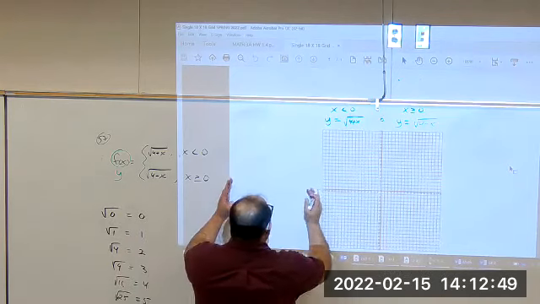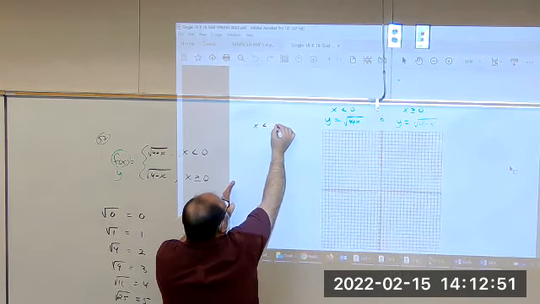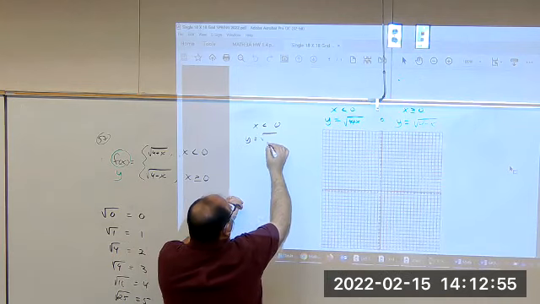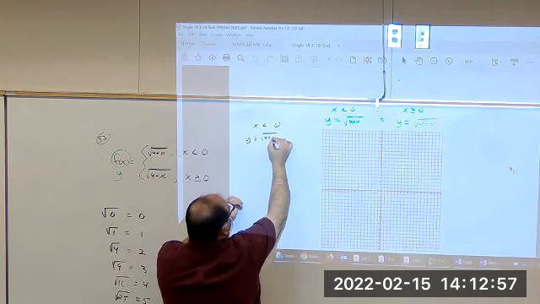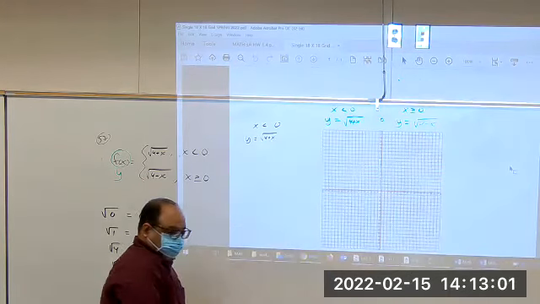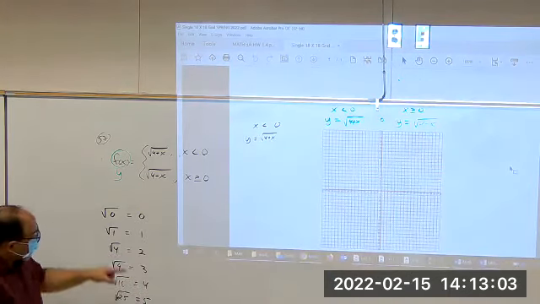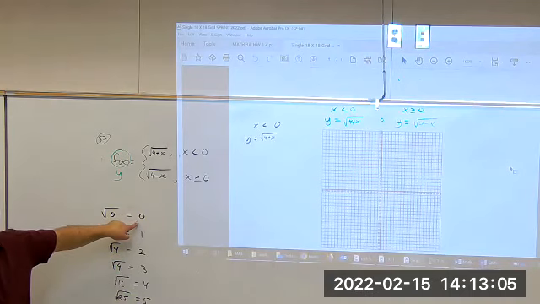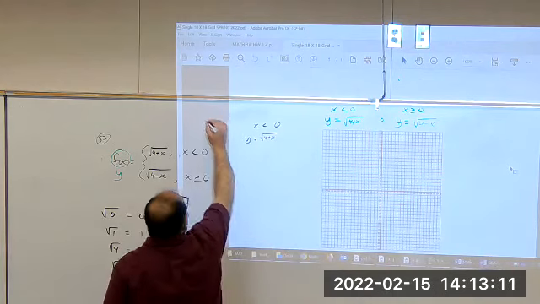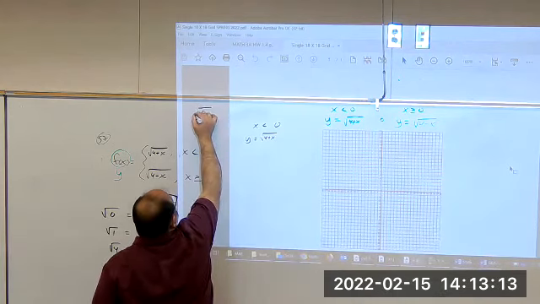So on this side, for all the x's that are less than 0, y is equal to the square root of 4 plus x. First thing I would think about is, I want this to be the square root of 0.